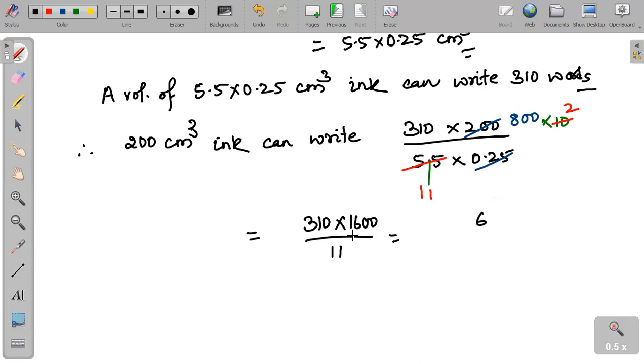16 1 is 16, 16 3s are 48 plus 1, 49,000 divided by 11.